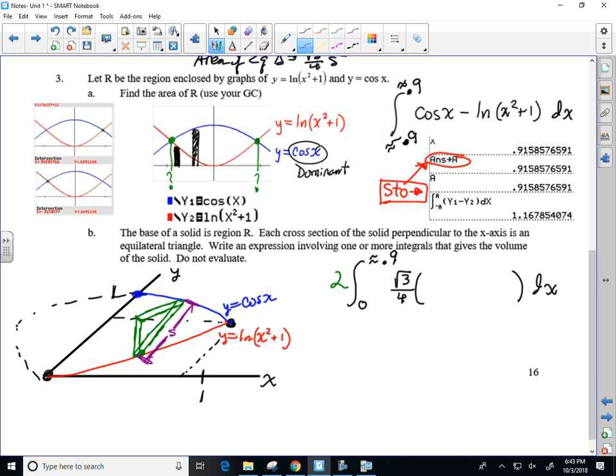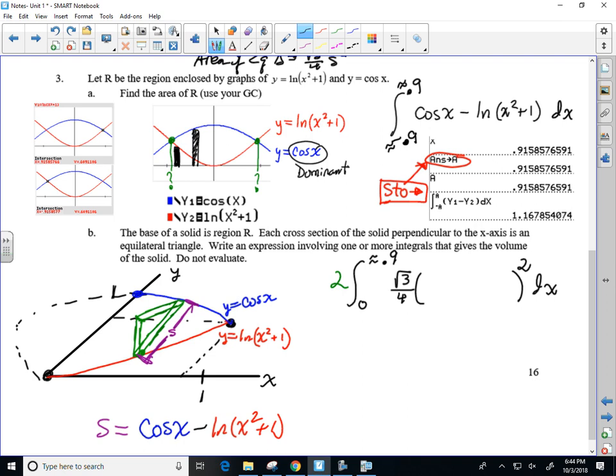Now, a distance between two curves, S, would be equal to the difference between the two functions themselves, dominant minus non-dominant. So cosine x minus the natural log of x squared plus 1. All right, so that's the length of my side.